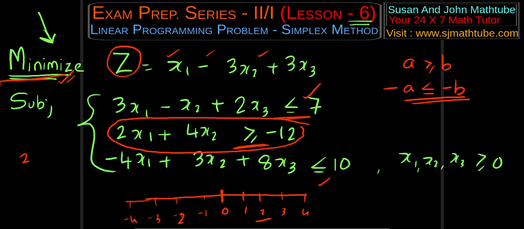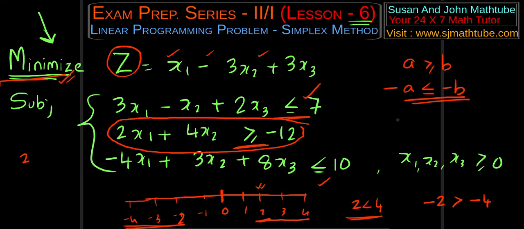Now look at this. 2 is smaller than 4. The reason is 2 is on the left side of 4. Now if you multiply throughout by negative, you get the numbers minus 2 and minus 4. Take a look. So minus 2 is bigger than minus 4.